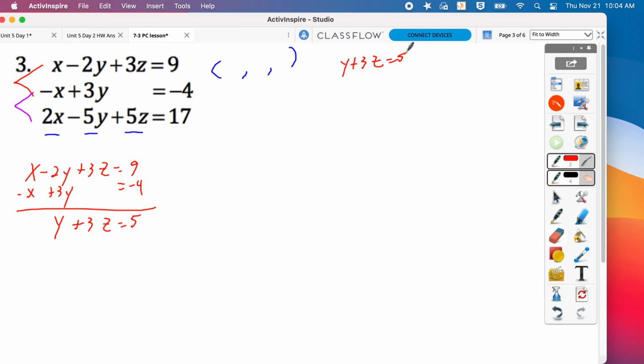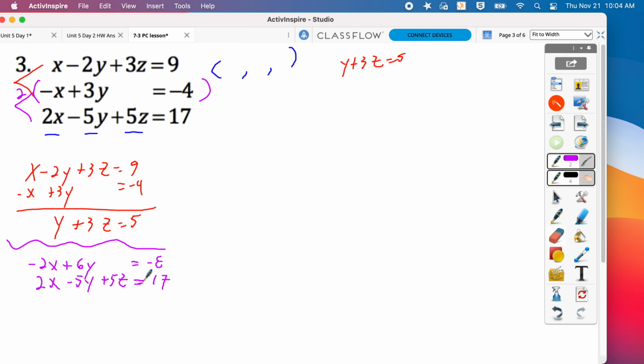Now doing the bottom two to get rid of the x's again, I'm going to multiply this one by 2 so I can cancel. Negative 2x plus 6y equals negative 8. And then my bottom equation stays the same.